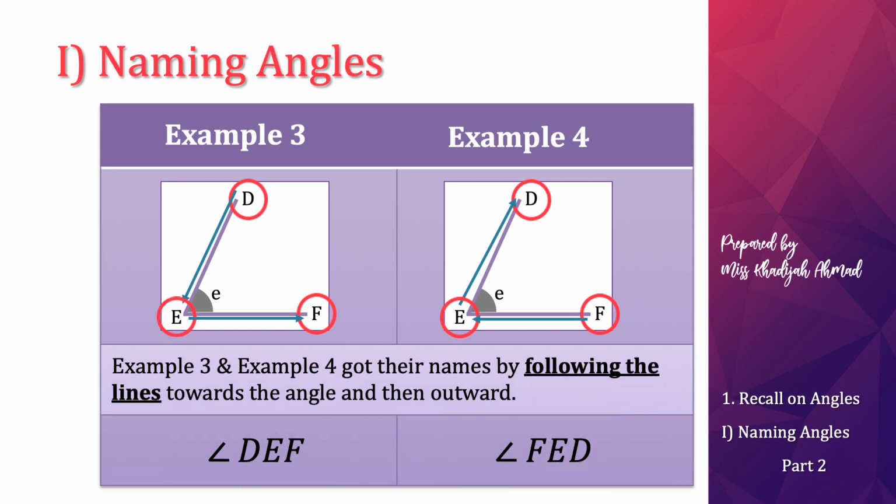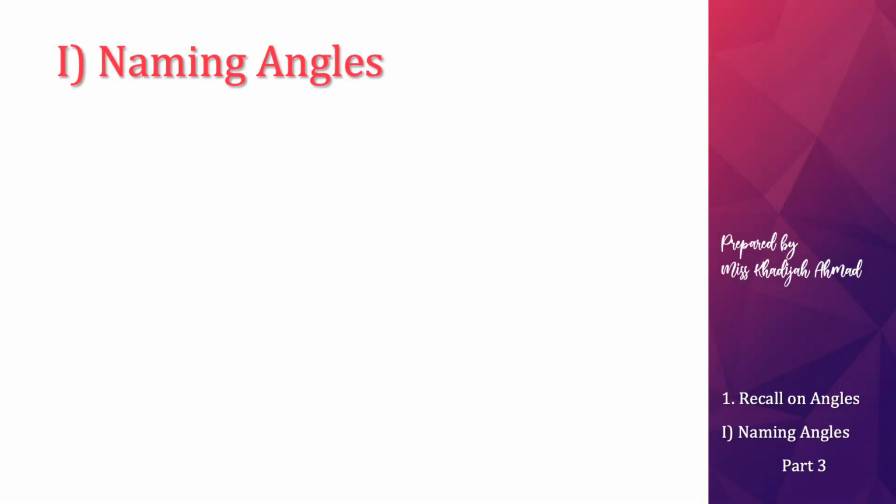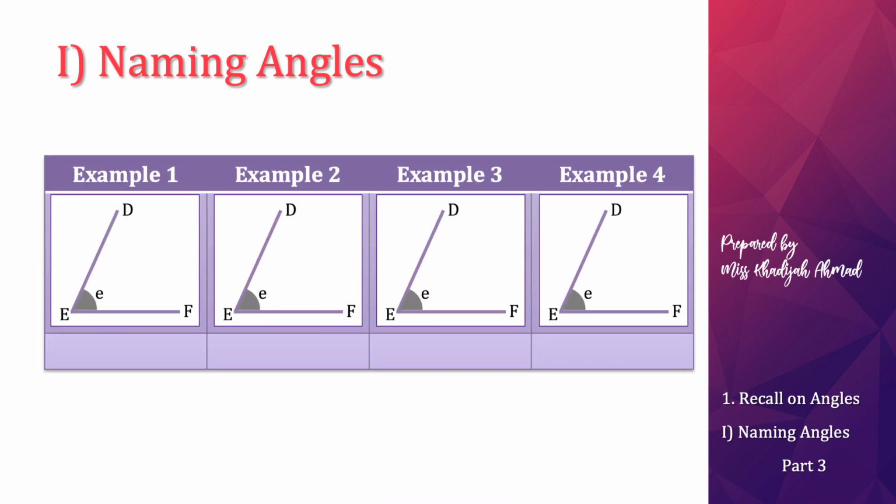Examples 3 and 4 got their name by following the line towards the angle and then outward. If you notice, the angles are all in identical presentation, but can be named differently.